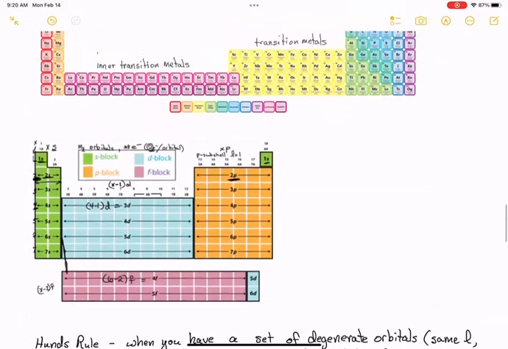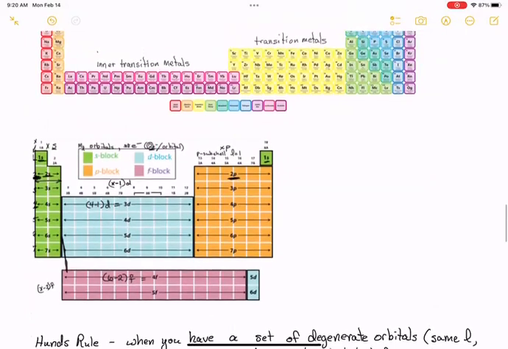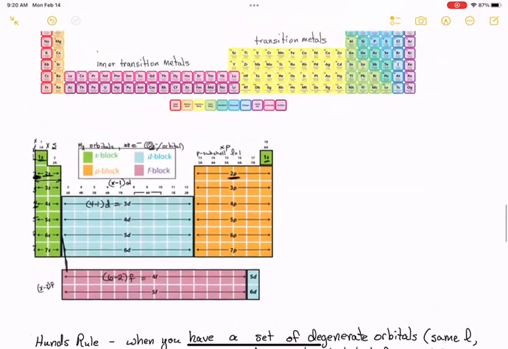So I mentioned the fact that the periodic table automatically tells you the energy. And so you don't have to memorize that energy diagram.